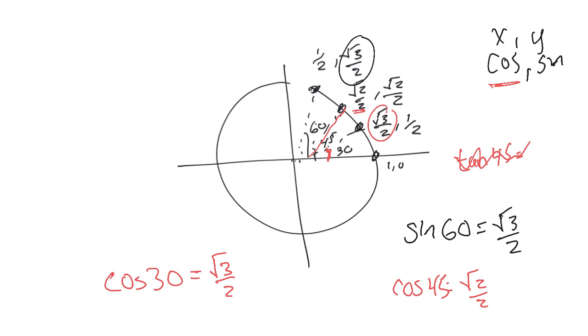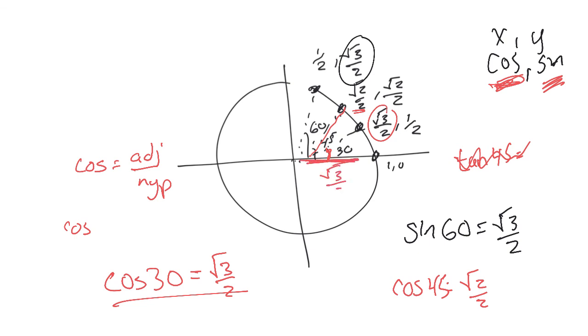So it just helps us if we know the coordinates and we know cosine is the x, sine is the y. It does save you some time, but you could always do what we did yesterday and the day before and actually divide them. So cosine is adjacent over hypotenuse. So if I do cosine of 30 again, the adjacent side to 30 is square root of 3 over 2.